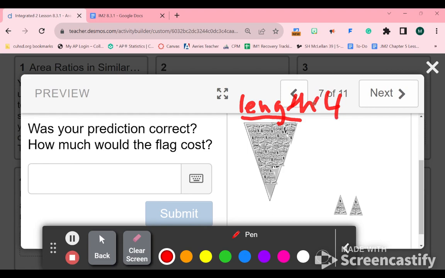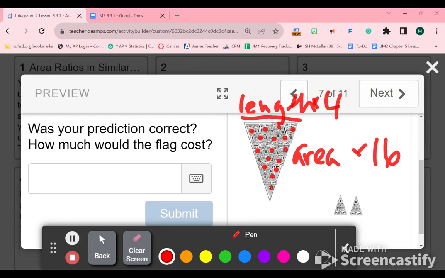The area is times 16. I know because I can fit 16 of them in there.